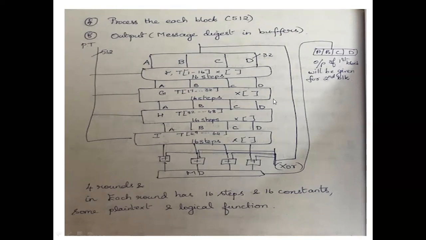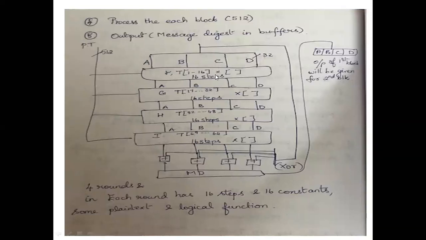Okay, so let me repeat. First, you give initialization values to the 4 buffers A, B, C, D, each of 32 bits. And you have 4 rounds, 1, 2, 3, 4. There is a round starting at F, a round starting at G, a round starting at H, and a round starting at I. Each round has 16 steps: T of 1 to 16, then T of 17 to 32, likewise.